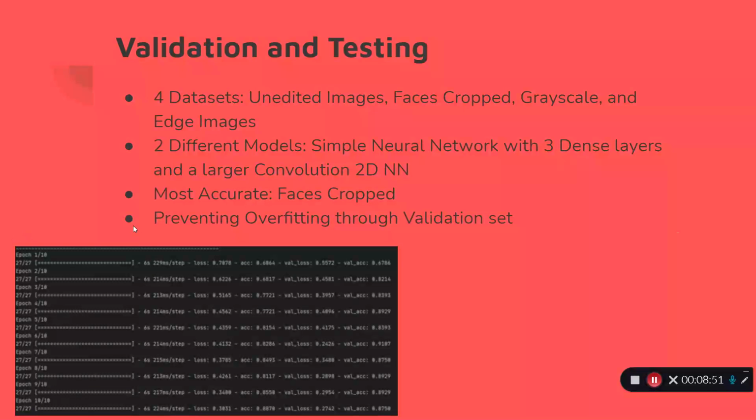Overfitting was a real concern. When we used the first version, overfitting was a massive issue because it would say it was 100% accurate on our training data, but it was not at all accurate with our testing data.